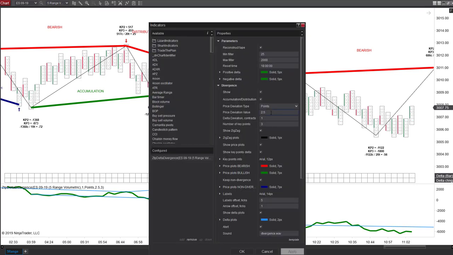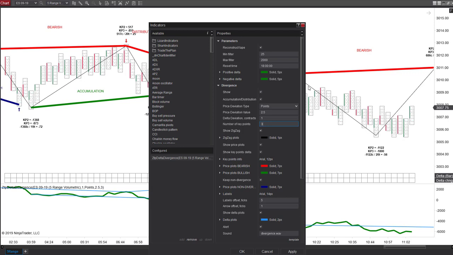So we want to have a price deviation value of 2.5, one contract for the deviation, 3 key points, and very important to show price plots, show key point data, and up here make sure we're using reconstruct tape and a minimum filter.